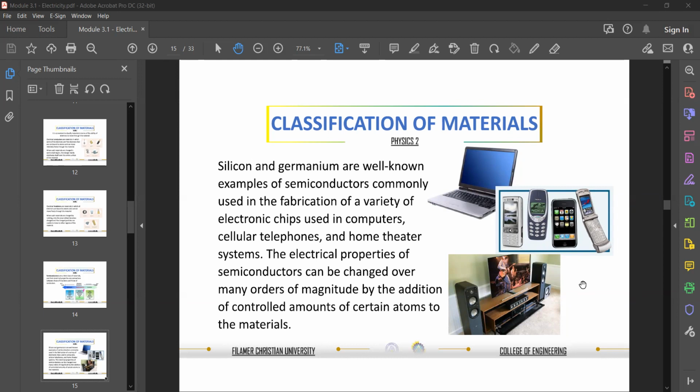So it depends on the applications nga imo pagagamitan. So we use silicon and germanium sa mga diode. Okay, so we have silicon diode, germanium diode. Later on mabalaan nyo na siya sa electronics ninyo pag sa circuits yung subject.